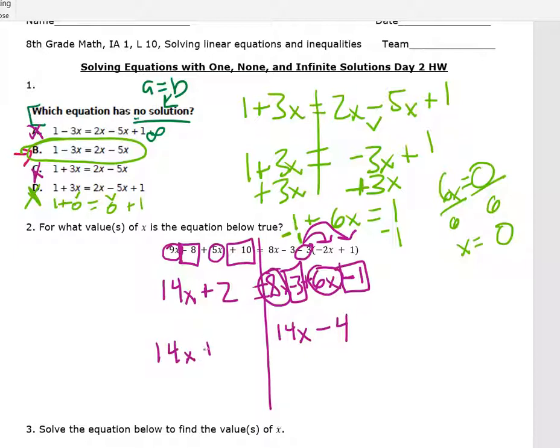So I'm left with 14x plus 2 is equal to 14x minus 4. So I'm going to subtract 14x from both sides. 14x minus 14x, and when I do that, I'm left with 2 equals negative 4. So there is no solution here.